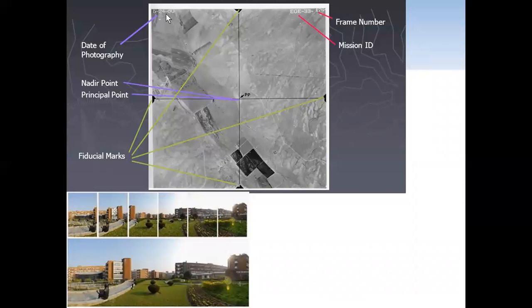In aerial photographs, each photograph shows the date of the photography and mission ID, and some aerial photographs also carry the company name, serial number, and frame number. It depends. Next, overlapping.